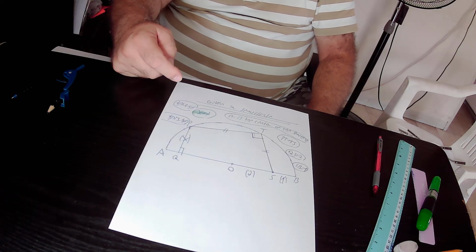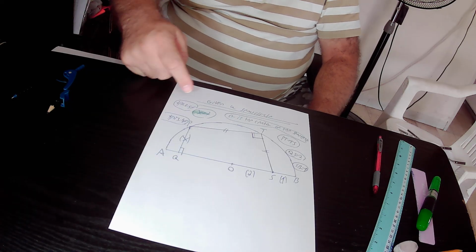So first of all, we complete the semicircle to a circle.